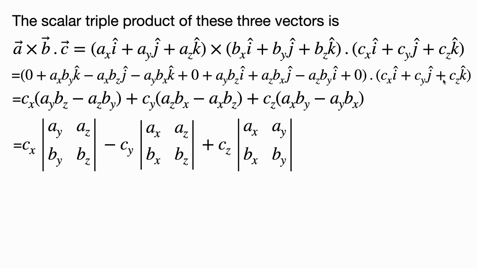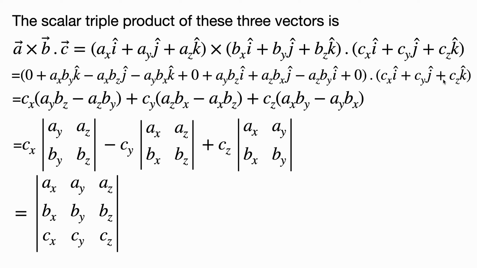This expression can also be transformed into 3 by 3 determinant form. So we get the expression inside 3 by 3 determinant ax ay az in first row and bx by bz in second row and cx cy cz in third row.